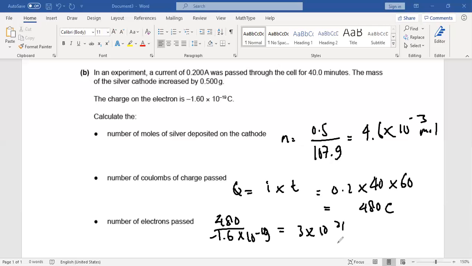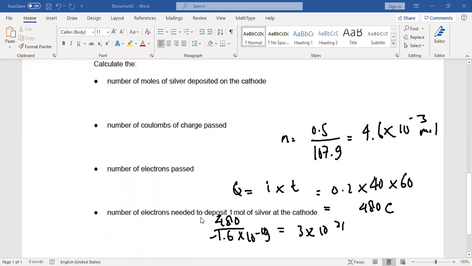So basically I can calculate the number of electrons needed to deposit 1 mole. If it is 1 mole, then I have to divide this per mole of silver at the cathode.